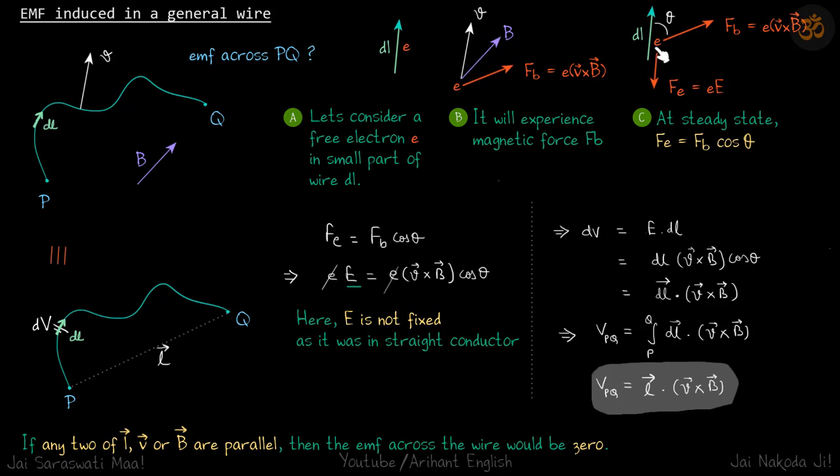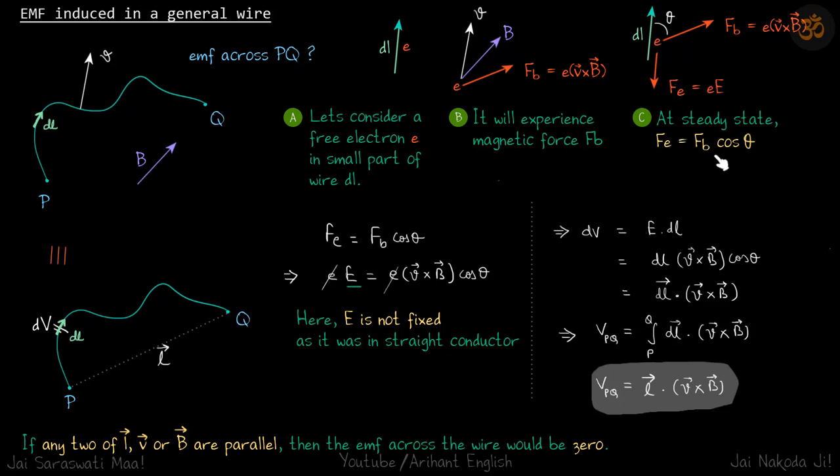So the electron is at rest eventually. So along the path of the wire, this electron is not moving. So I can say Fb cos theta is equal to Fe. Fe is the electrostatic force which is e into E, and Fb is e into V cross B. So along the length of the wire, their components are equal.